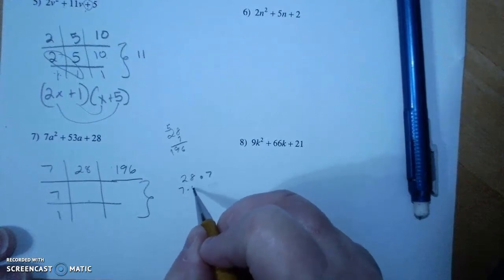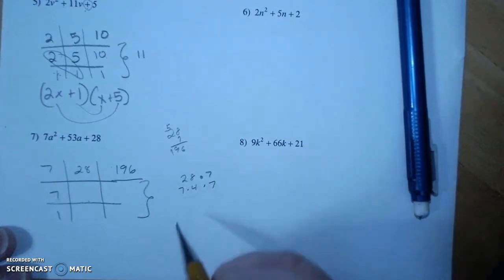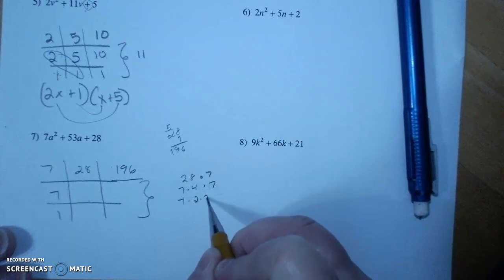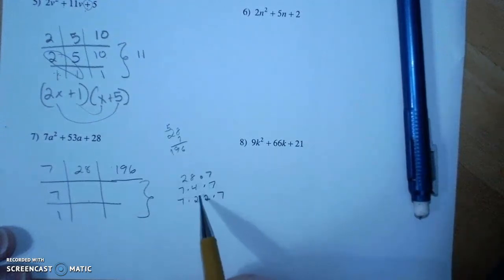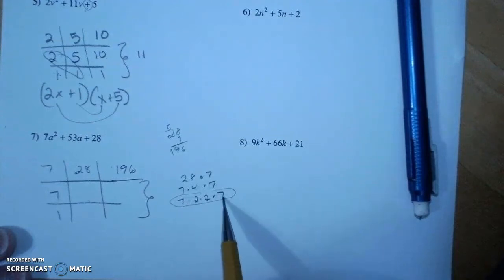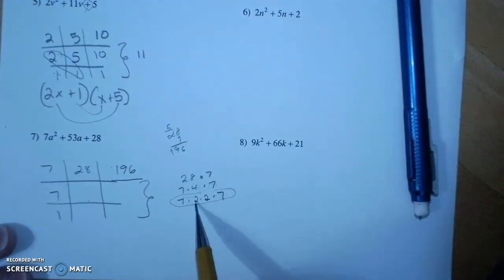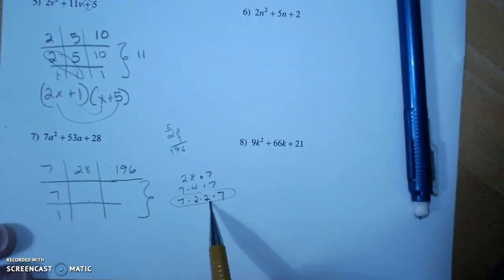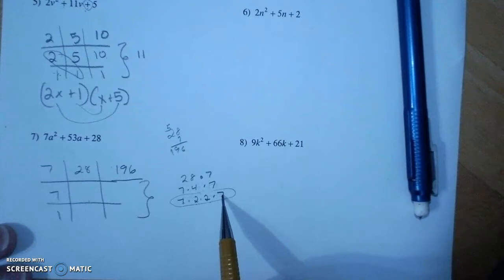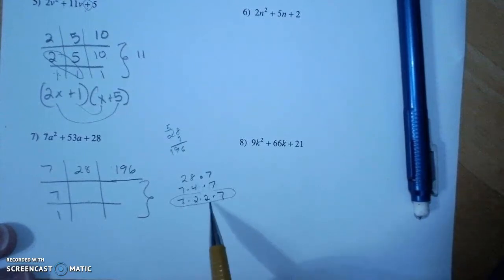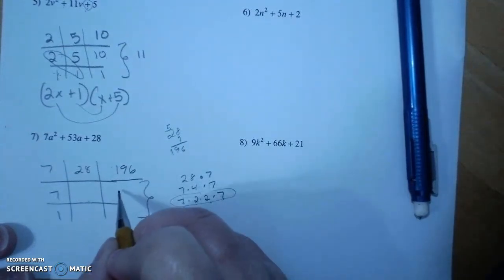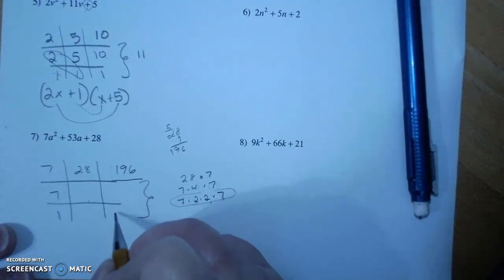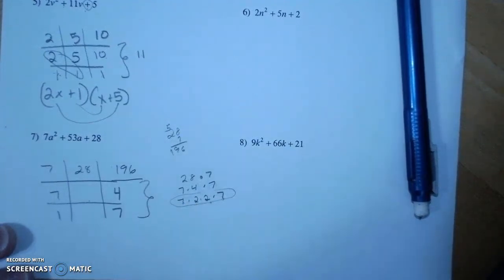So this is 7 times 4 times 7, and 7 times 2 times 2 times 7. So I need a combination of this. 7 and 7 is 49, and 4 is 53. Okay, so 7 times 7 is 49, and that's 53. So there's a 7 and a 4.